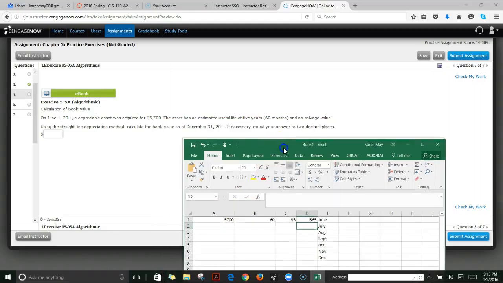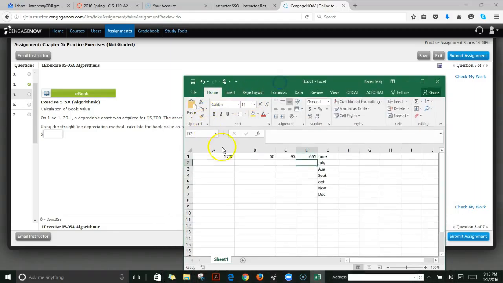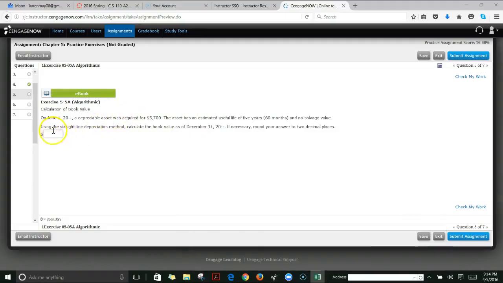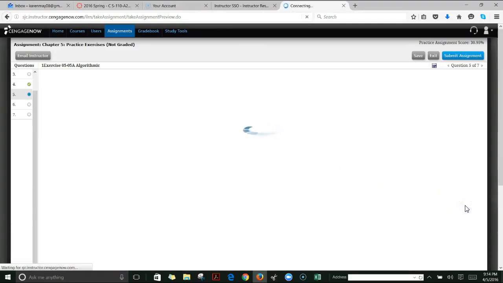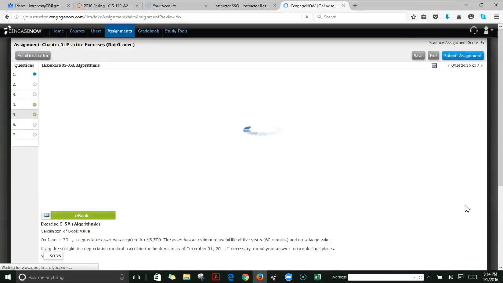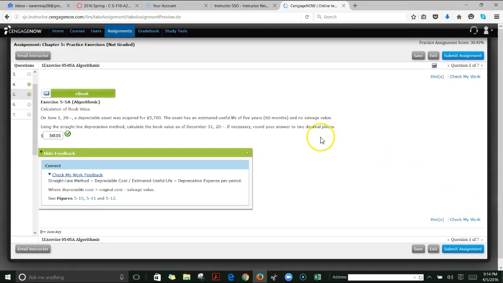They're asking us to calculate the book value. So that would be 5,700 minus the 7 months of depreciation, for a book value of $5,035. Several steps there. Again, let me mention what I did.